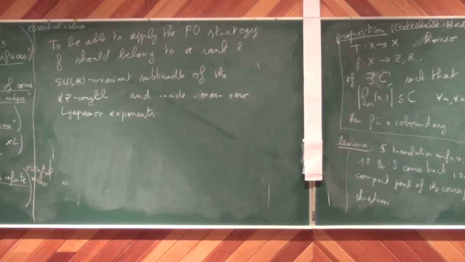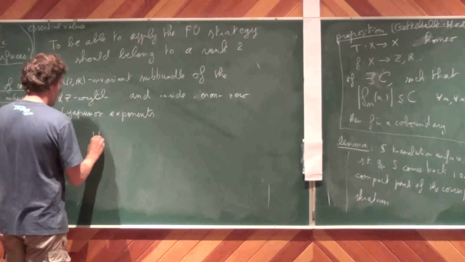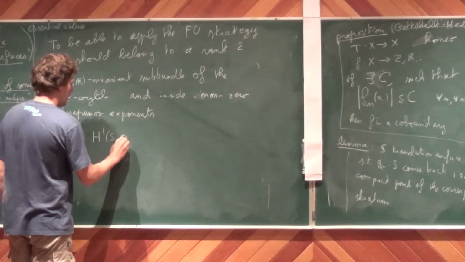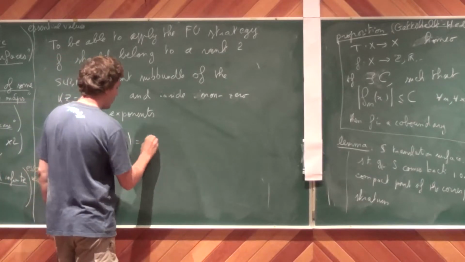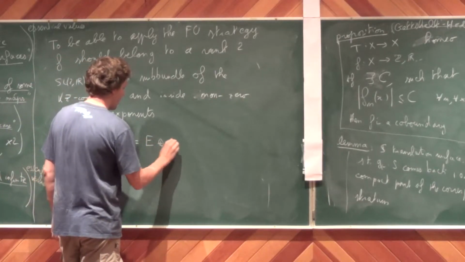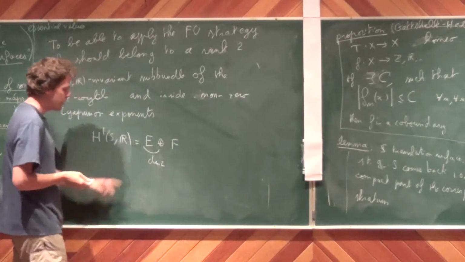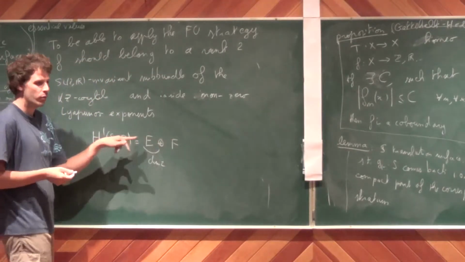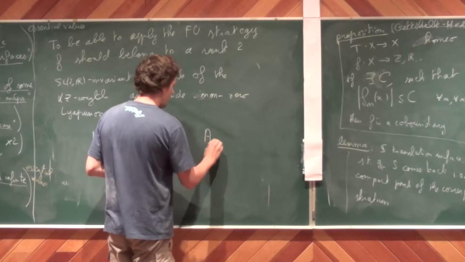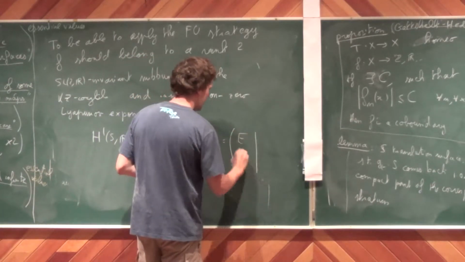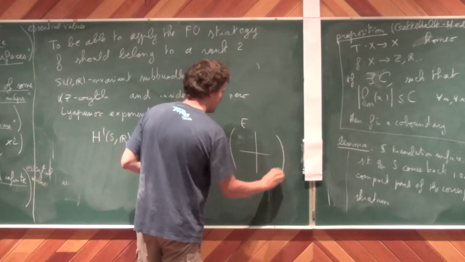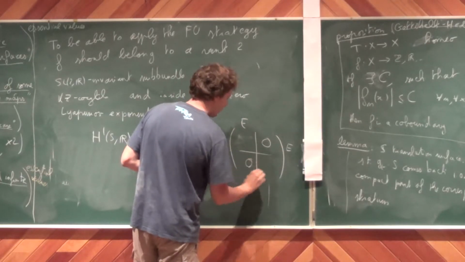And this is again, so what does it mean? It means that in your H1, you find something which is rank 2, let's call it E, plus something else. This is dimension 2. And your matrix is diagonal with respect to those two blocks. And all your matrices AT look like E, 0, 0.